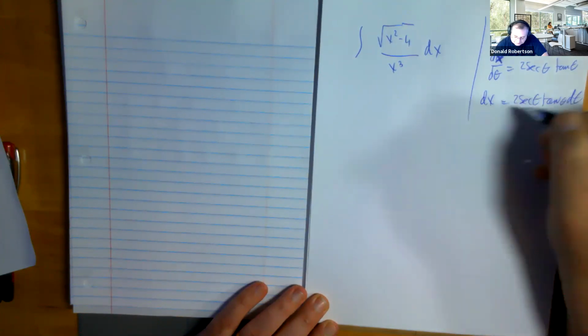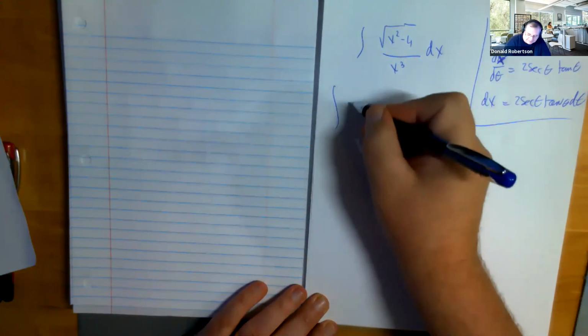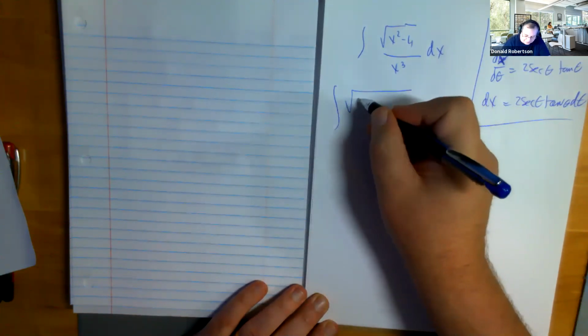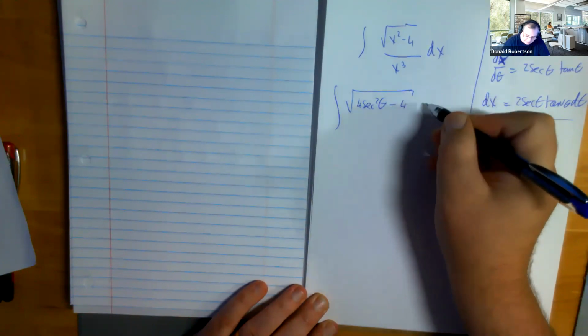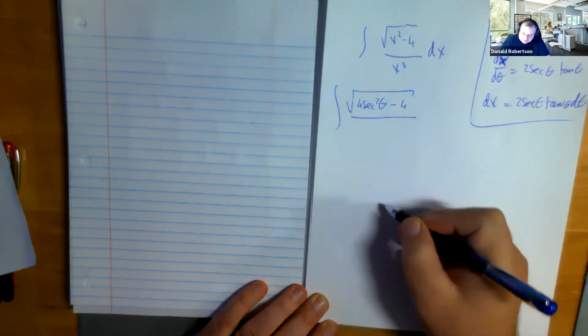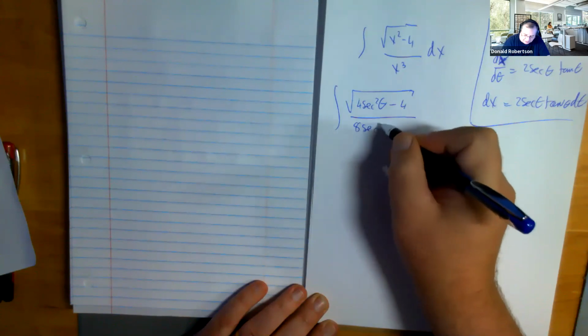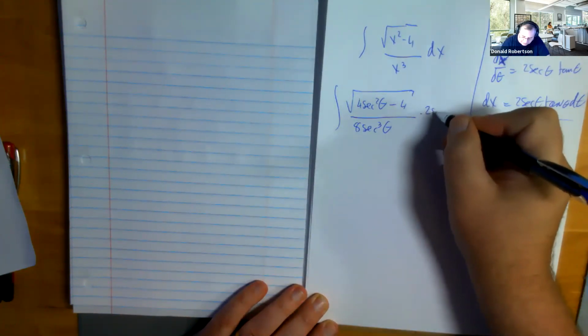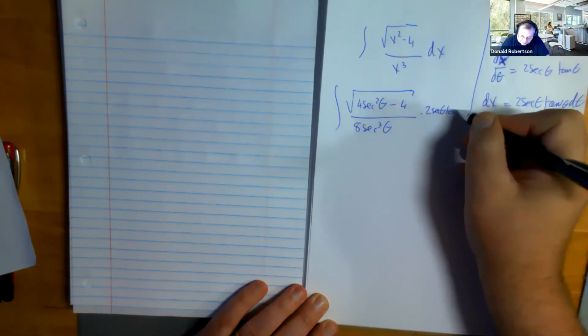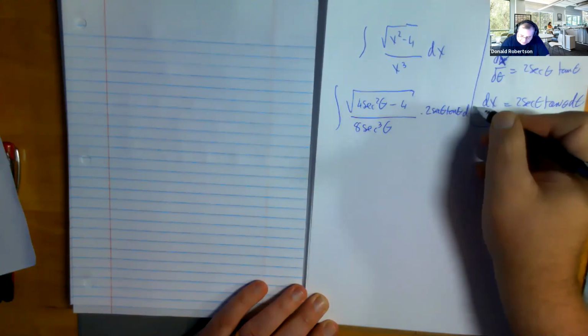Mhm. So we're cool with that. Okay. Square root of 4 secant squared theta take away 4. X cubed becomes 8 secant cubed theta. And dx is 2 secant tan d theta.